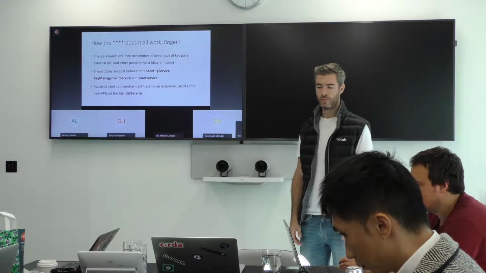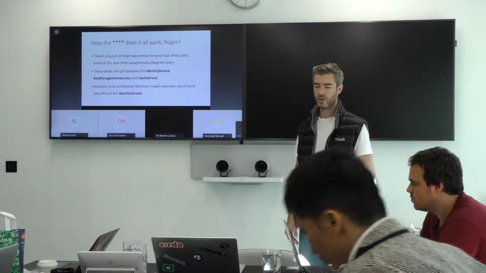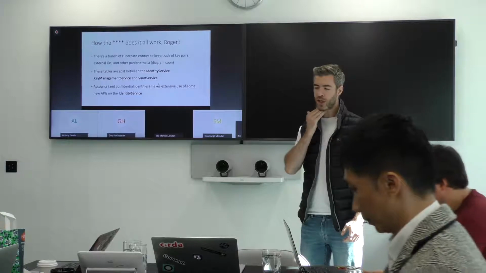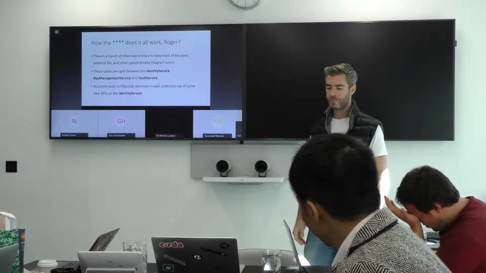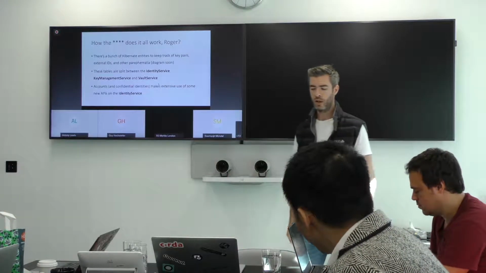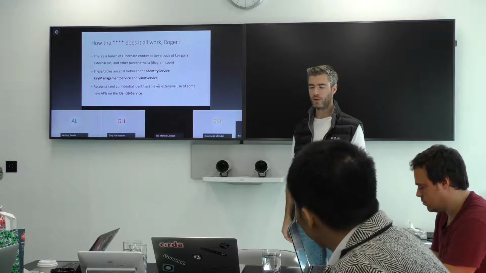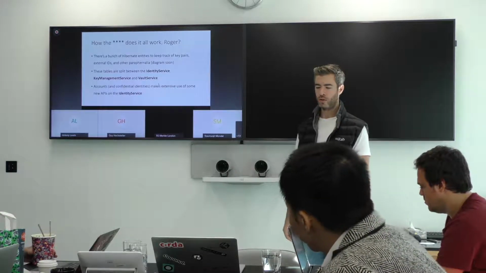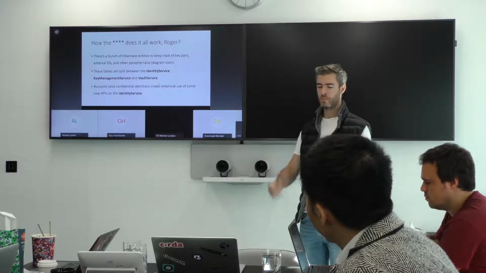So it's a piece of work that spans a long time, and it's really been changing the implementation of the identity service, the key management service, and the vault service. And I'll go into a bit of detail around how all of that works in 2 slides' time.